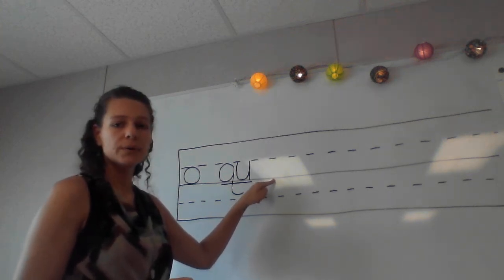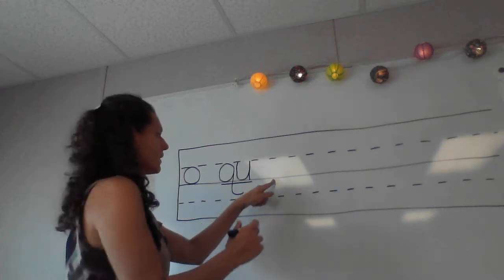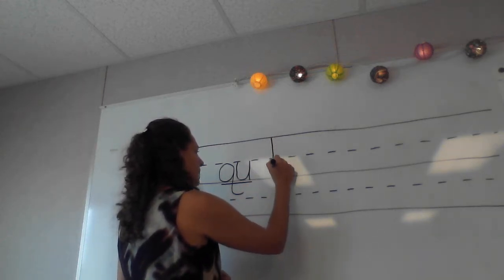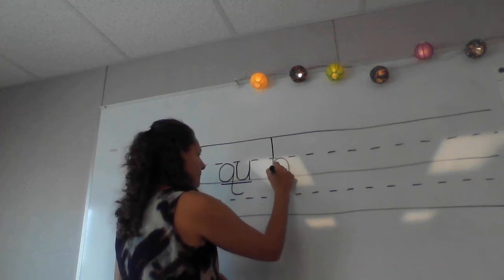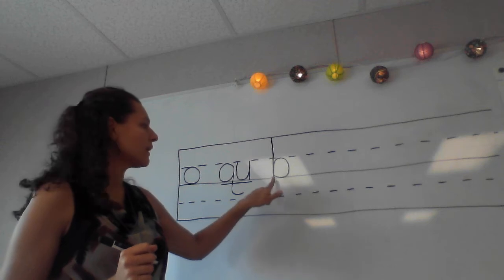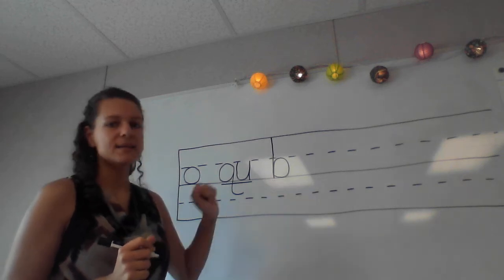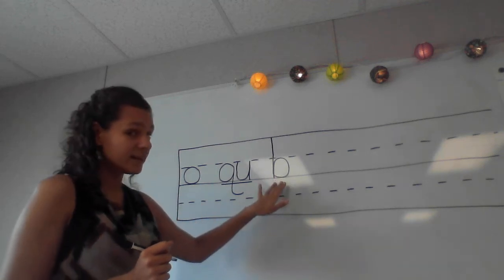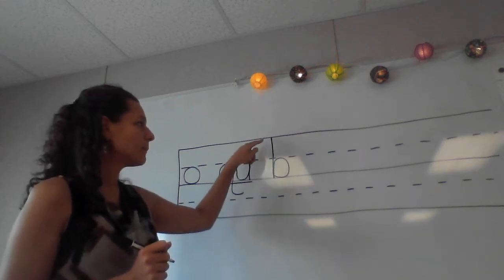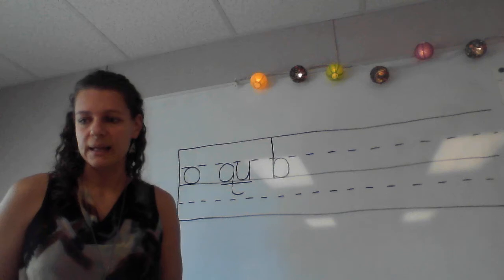Where does my b start? Good, at the top baseline. This is our b. Make sure that you wrote your b like this. If you wrote a different letter that looks similar but the opposite way, cross that out and write in b. Make sure you start it in the correct spot.